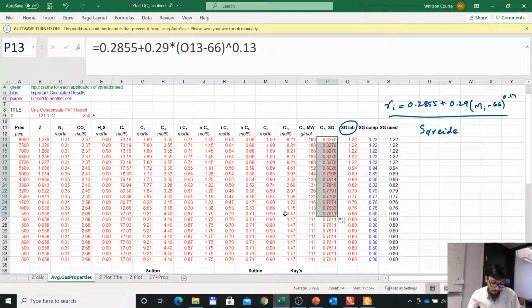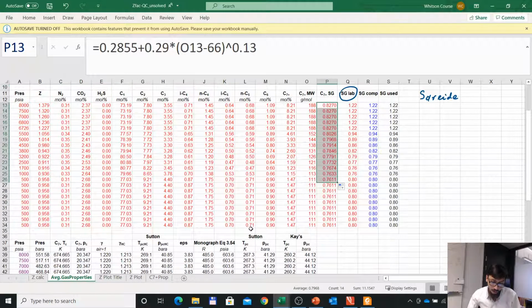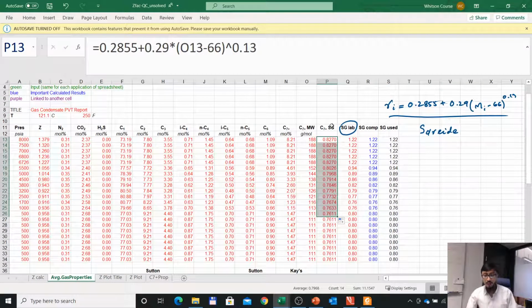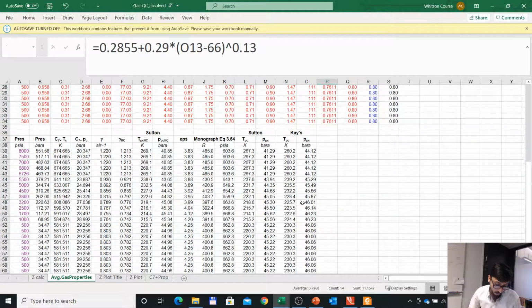And so this is all the data that we need. So again, if you have the C7 plus specific gravity reported in the PVT report, then you should use those numbers instead of using some kind of correlation. So that's an important point to note here.